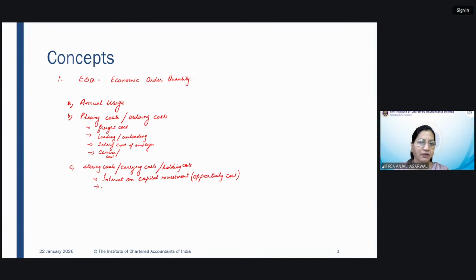Another important element of storing cost is that storage will always occupy some space, so the rent of the space where the raw material is kept is another important element.